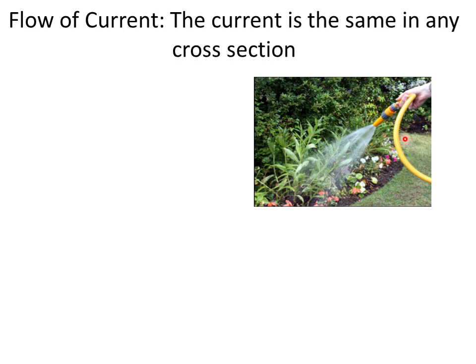So the flow of the water remains constant in the entire hose. It doesn't depend upon the geometry of the hose, which basically means that if this hose is narrower in some places and wider in other places, the quantity of water remains the same.